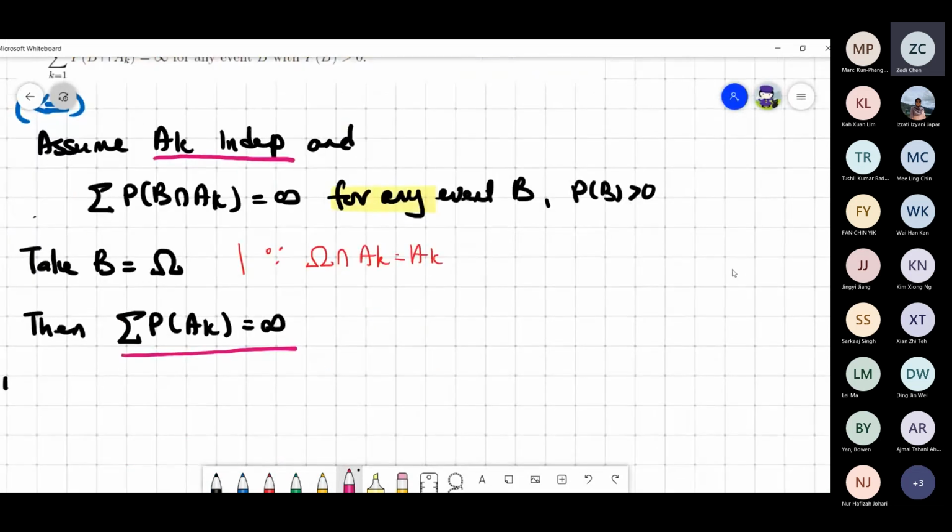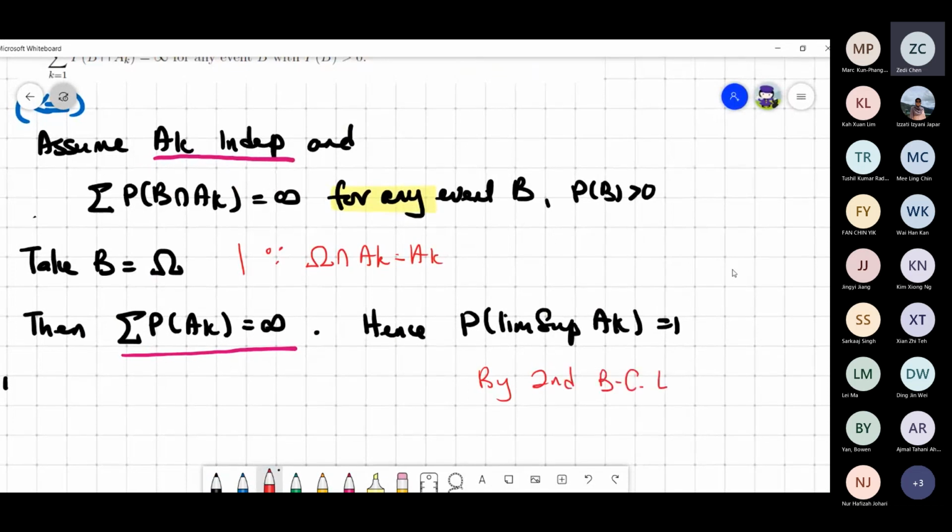With these two hypotheses, hence P lim sub AK must be equal to 1. Okay, so this is directly by using the second Borel-Cantelli lemma.